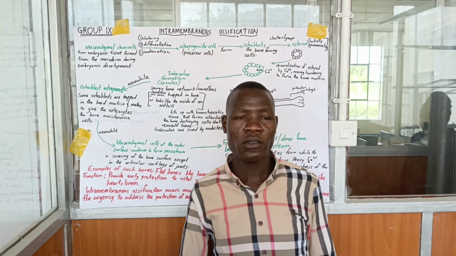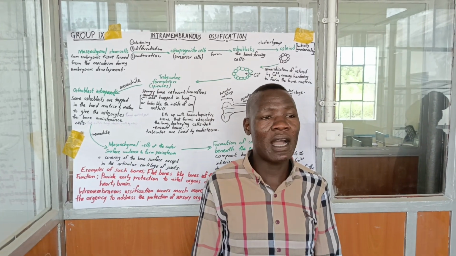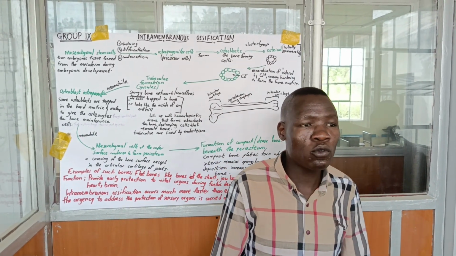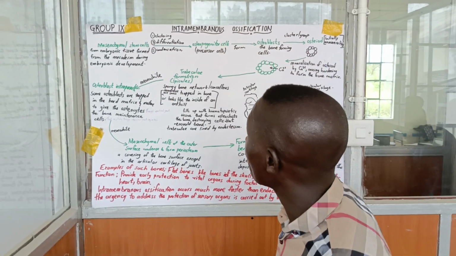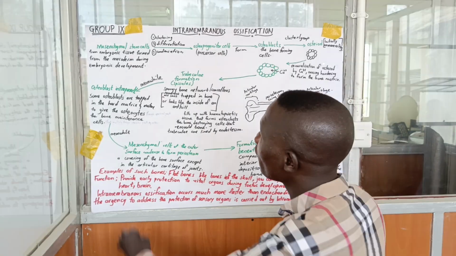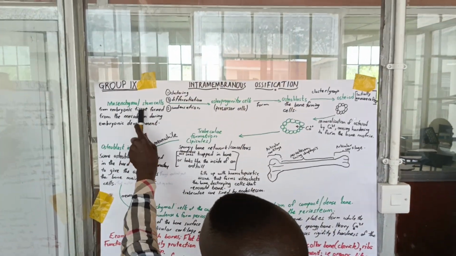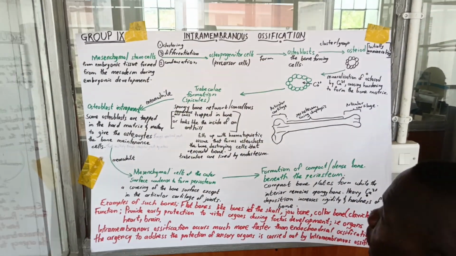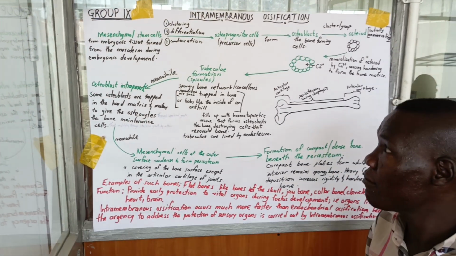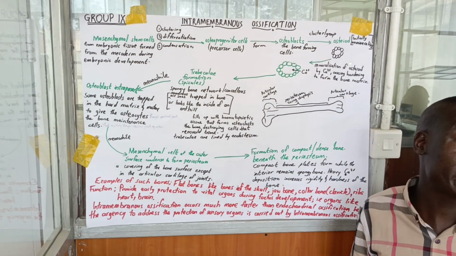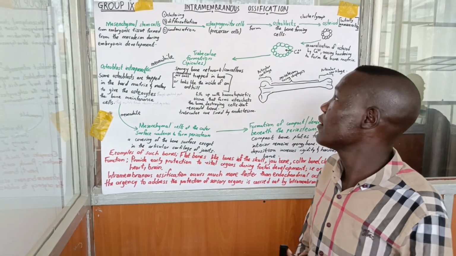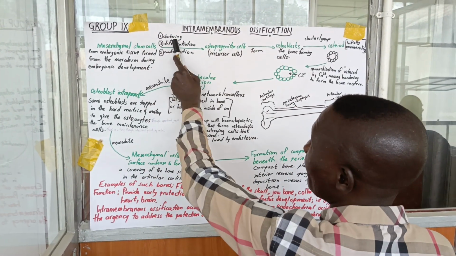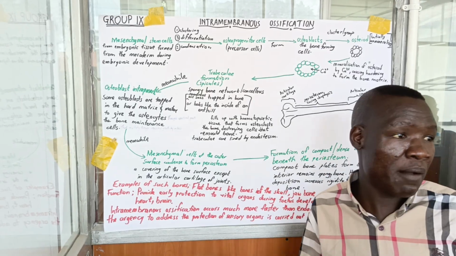To continue from where my colleague stopped, I will continue from the mesenchymal stem cells, which are from embryonic tissue formed from the mesoderm during embryonic development, and they undergo three processes. One is clustering, which means coming together.